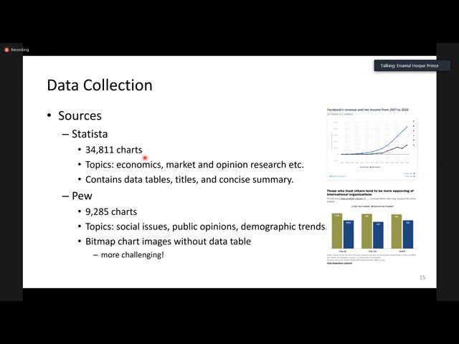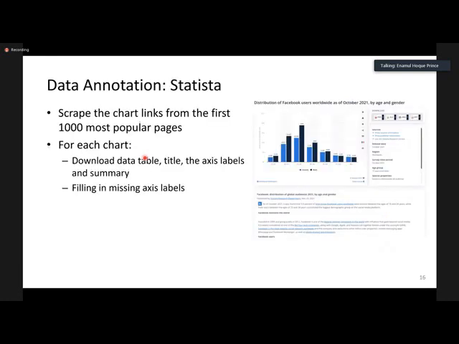So it was much more challenging than the Statista data. From the Statista dataset, we scraped the links from the first 1,000 popular pages, and for each chart, we extracted all this metadata.